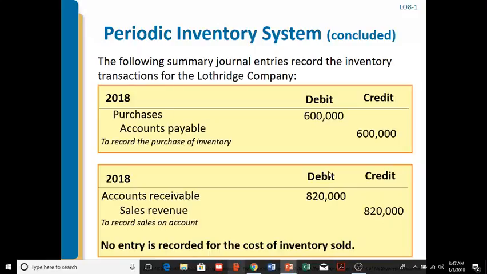We're doing that at the end of year with one big debit to cost of goods sold and credit to inventory.